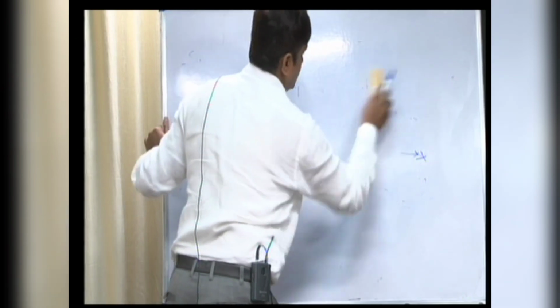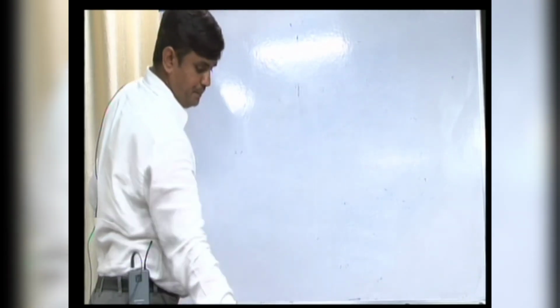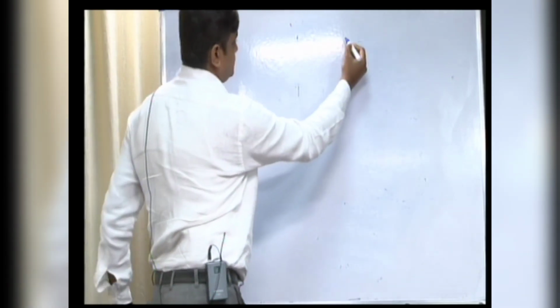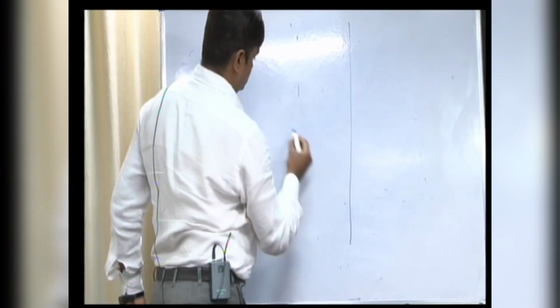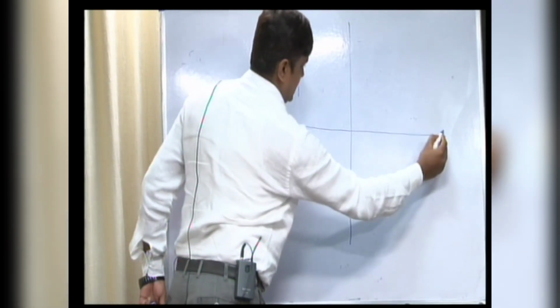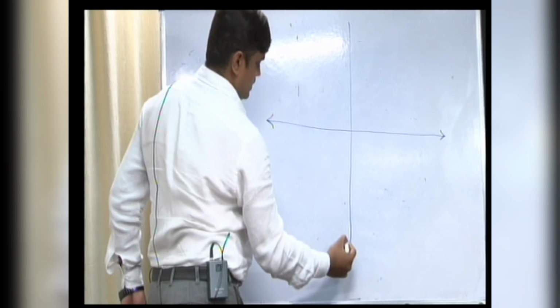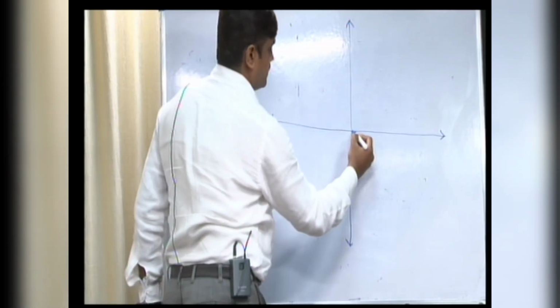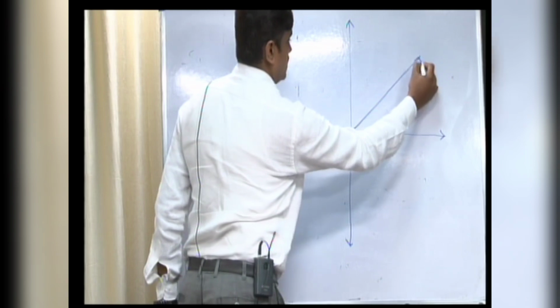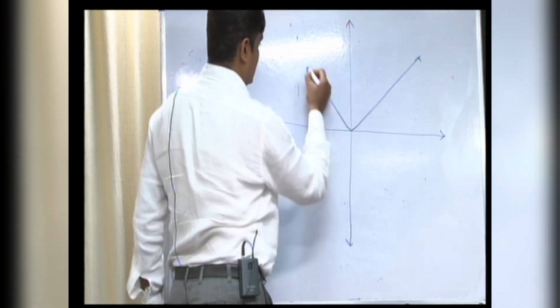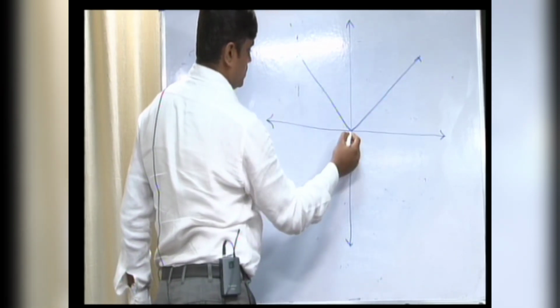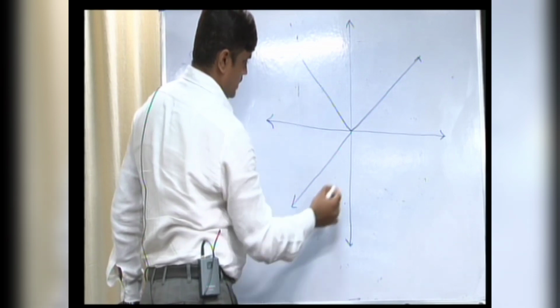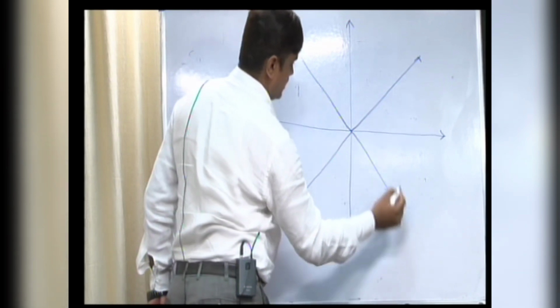Now, let us consider the coordinate system, x-axis and y-axis, with four different forces, F1, F2, F3, F4.